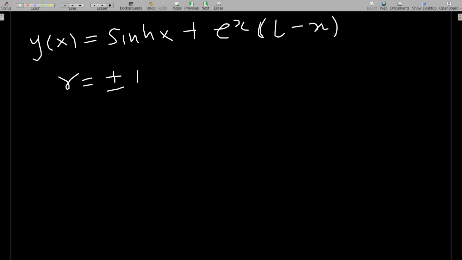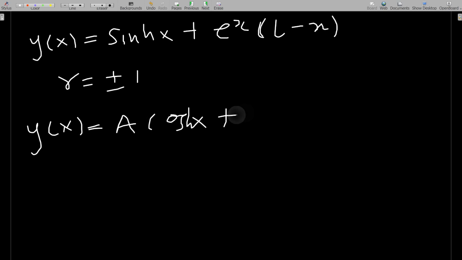But the moment you get same but opposite signs, you can use sine and cos. Then you write your general solution as A cos x plus B sine x.